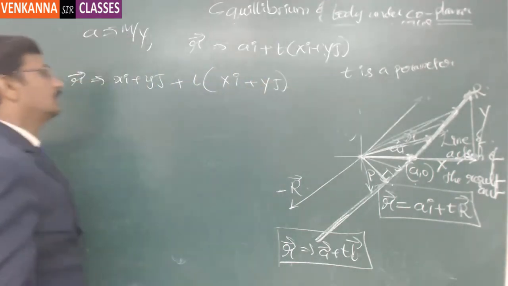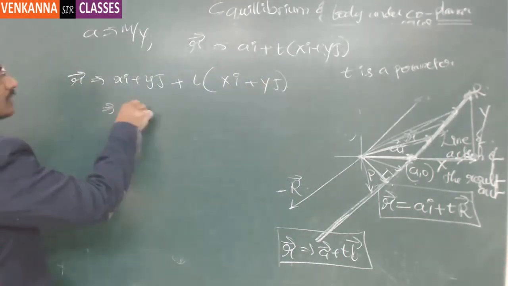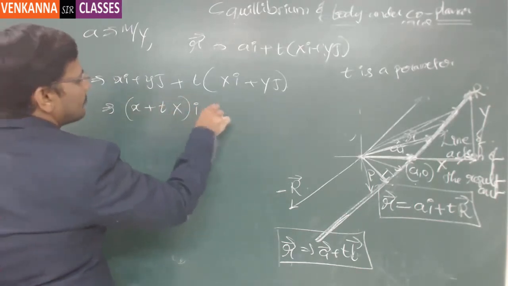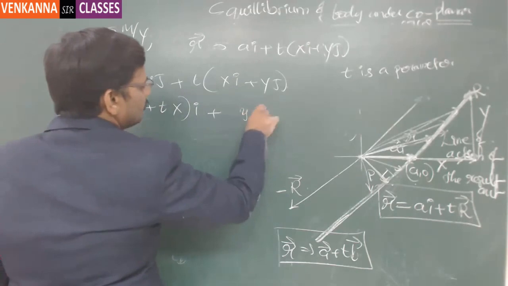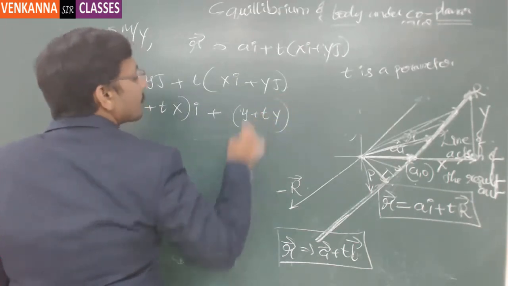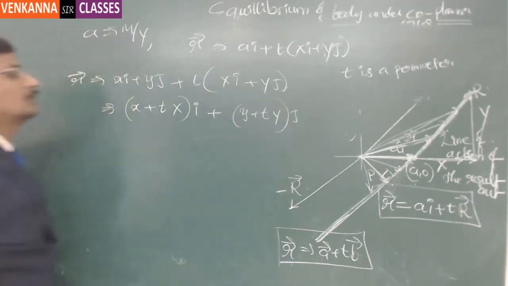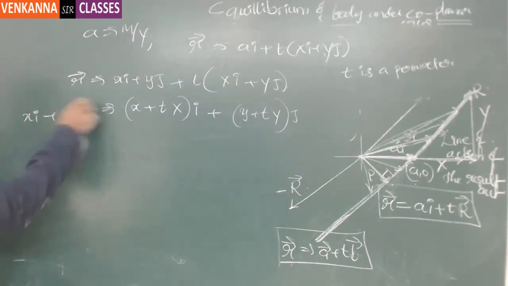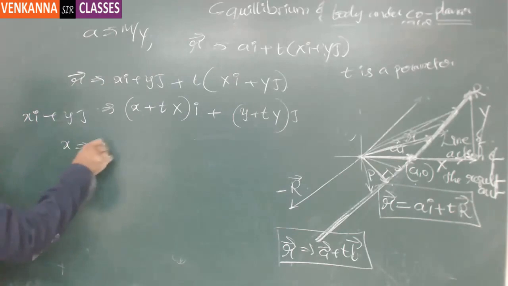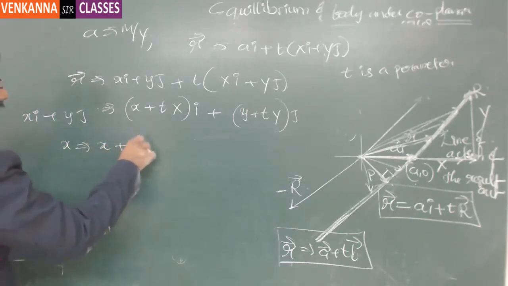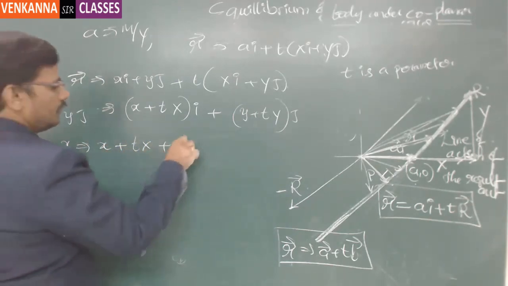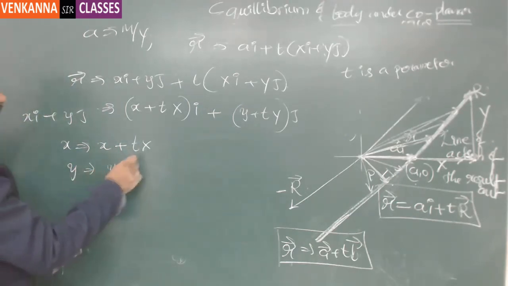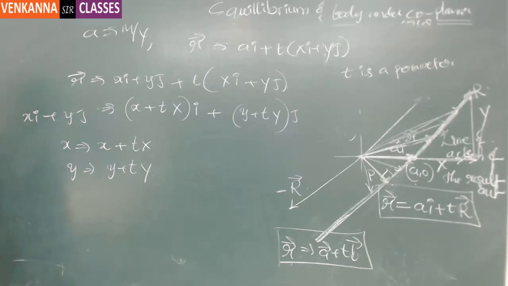If you add this, (x plus tX) into i plus (y plus tY) into j is equal to xi plus yj, or x is equal to small x plus tX, and y is equal to small y plus tY. This will give the position vector.